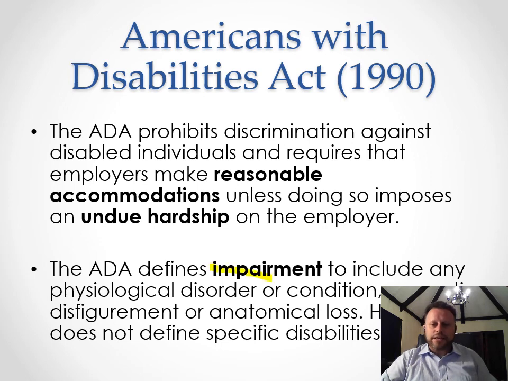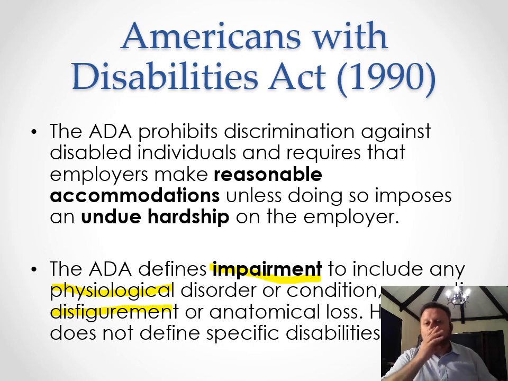Instead of saying disability, they said it affects anybody with an impairment. And an impairment could be physiological, that's physical, and that now includes something like disfigurement. Imagine if somebody was in a fire and their face is burned. They're not disabled, right? There's no disability, they're not missing any part of their body, but they're impaired.